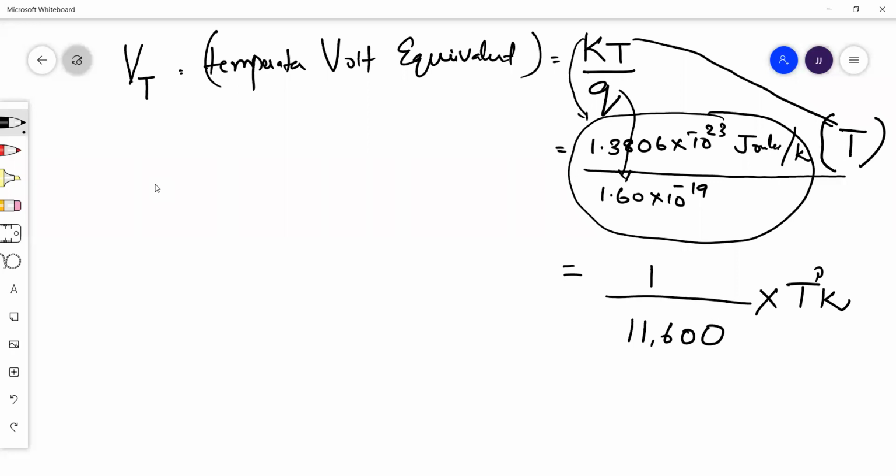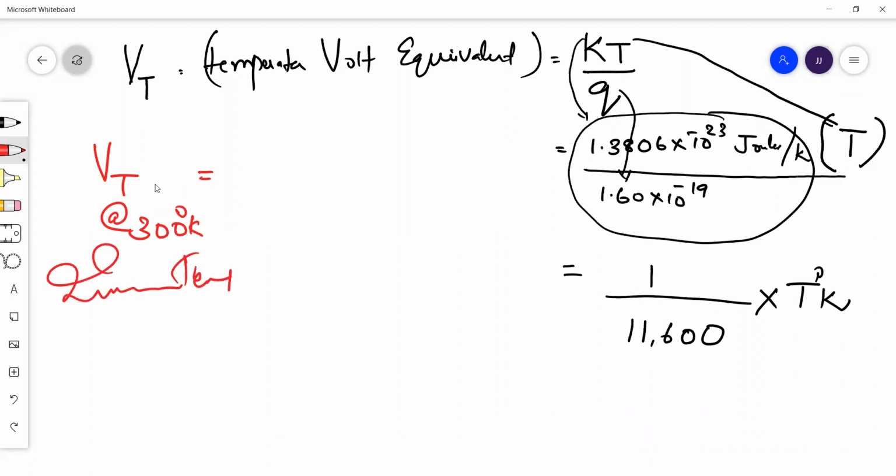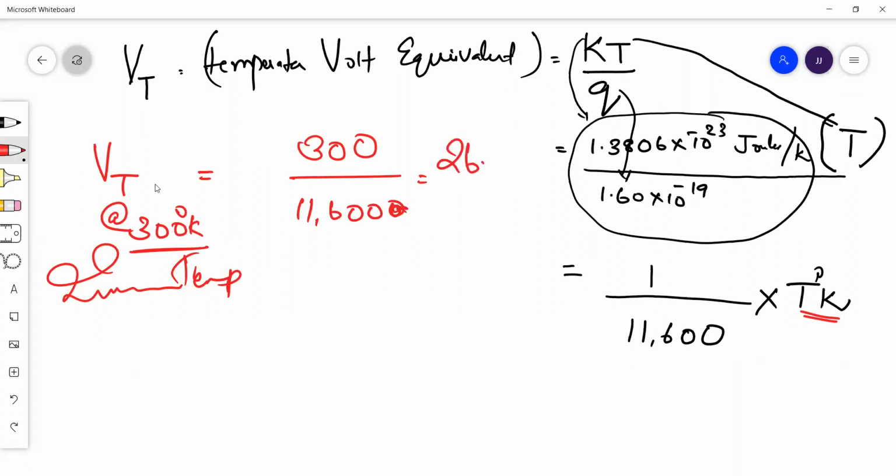Then I am introducing one condition. If I need to calculate the temperature volt equivalent at 300 Kelvin or room temperature, just substitute 300, that is temperature in Kelvin, divided by 11,600. You will get 26 millivolt.